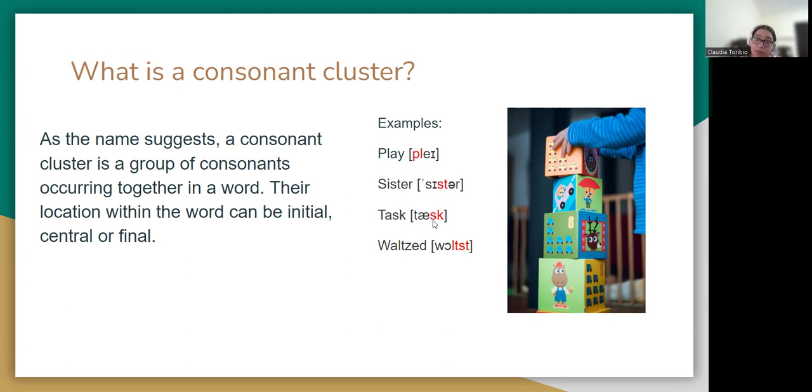Some examples of clusters with 2 consonants at the beginning of the word could be blue, the color blue. We have bl, blue. Another example, close. And lastly, true.